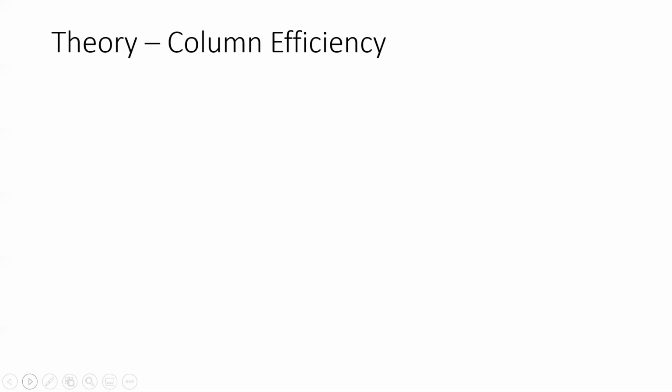And so column efficiency is given by this theoretical plate height, this number of theoretical plates. And so you'll see this abbreviation, and what this means is height equivalent theoretical plates.